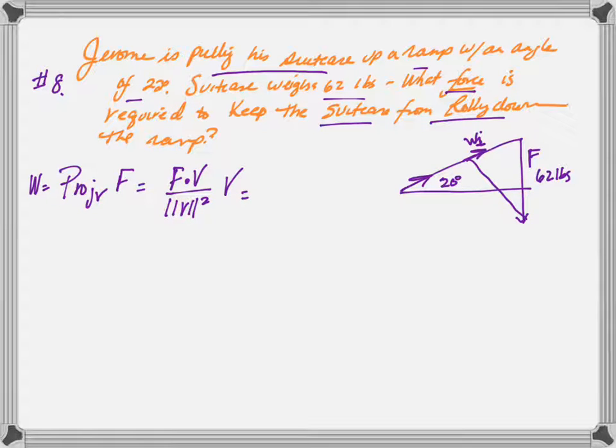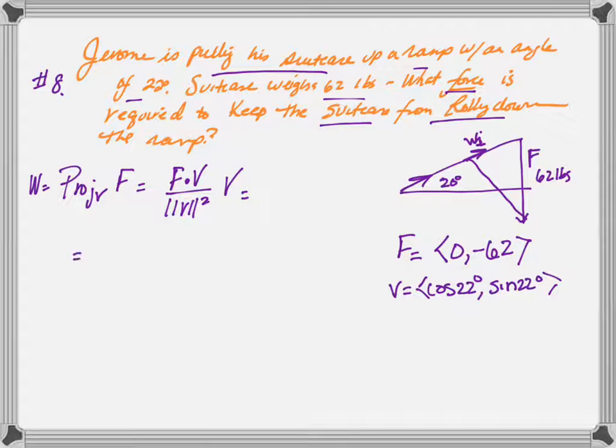So we've got to find our vectors, right? So F is straight down, so it would be 0, negative 62, and our unit vector V would be cosine of 22, sine of 22 degrees. Okay, so the dot product would be 0 and negative 62 sine 22 degrees.